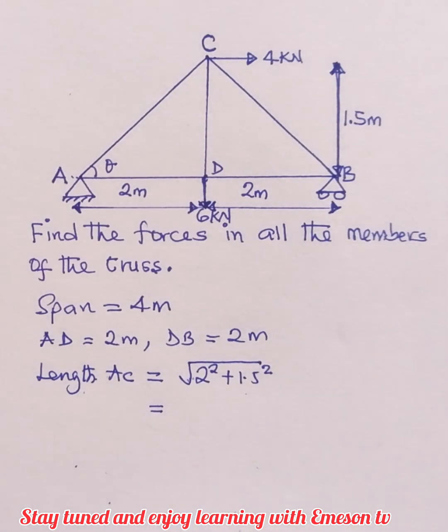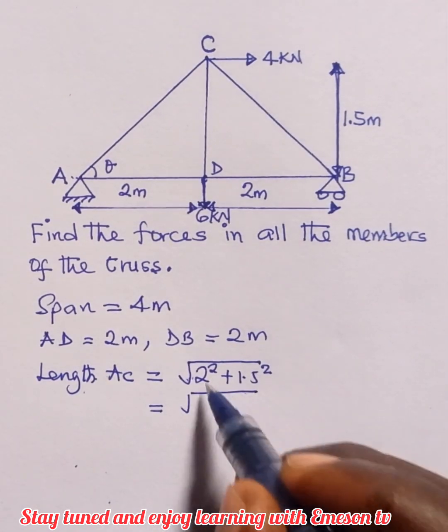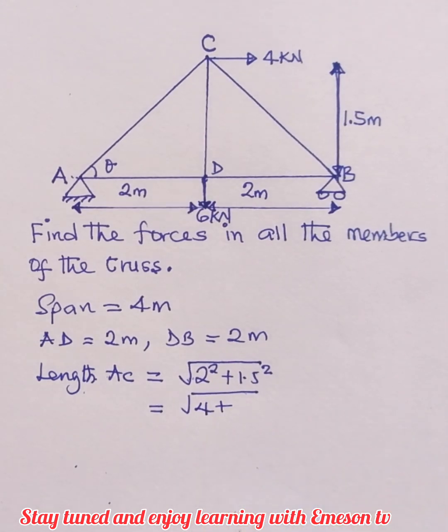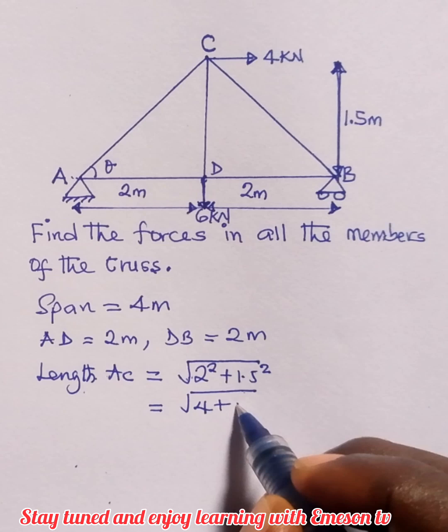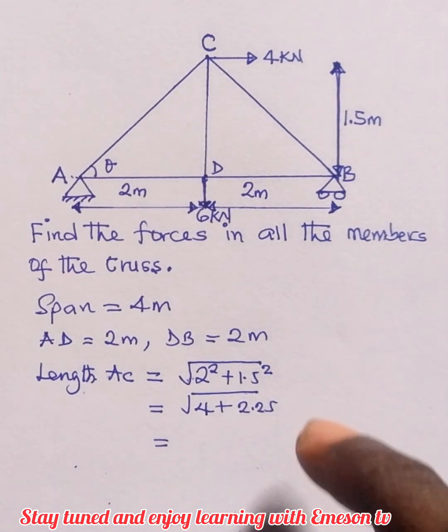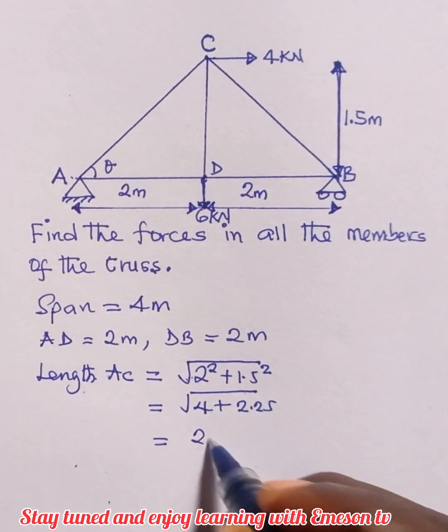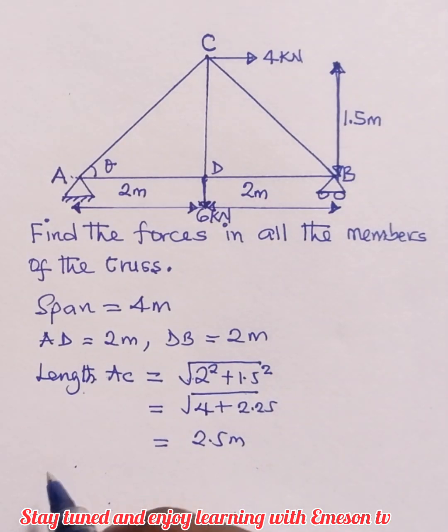So this is 2 squared, which is 4, plus 1.5 squared, which is 2.25. So we'll add this and take the square root. This will give us 2.5 meters. That is length AC.